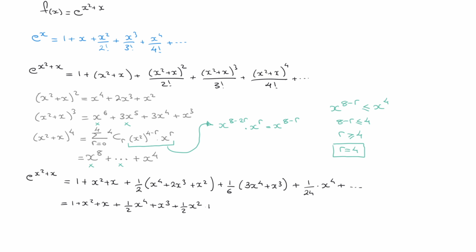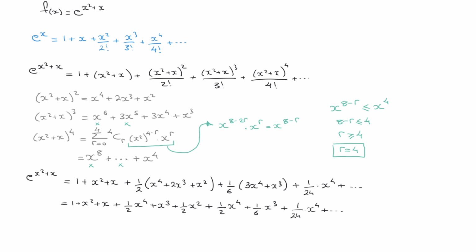And I carry on, I add to that 1 over 6 times 3x to the power of 4 plus 1 over 6 times x cubed. Now 1 over 6 times 3x to the power of 4 turns into 1/2 of x to the power of 4 plus 1 over 6 times x cubed. And of course we have our 1 over 24 times x to the power of 4 at the end there.